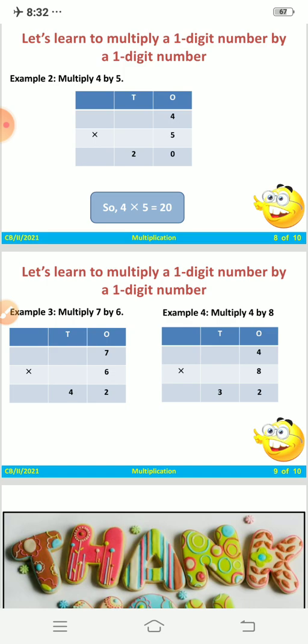So the answer will be the same. If you say 4 into 8 or 8 into 4, if you recall the table of 4 or the table of 8, the answer you get will be the same. So 4 into 8 is 32.